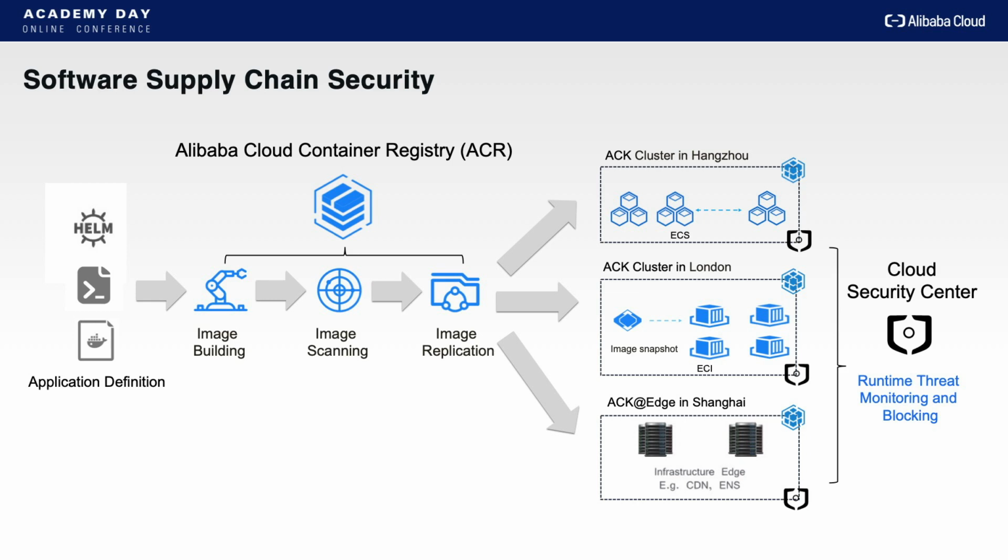If there is no security risk, it will replicate the image globally and roll out a new deployment. All can be controlled by the security policy. During the runtime, Alibaba Cloud Security Center will monitor the process and the network, detect abnormal behaviors, isolate the vulnerability, and notify the administrator for the remediation.